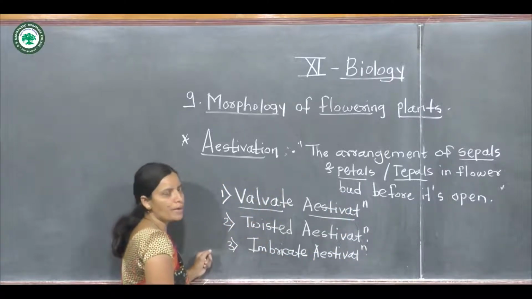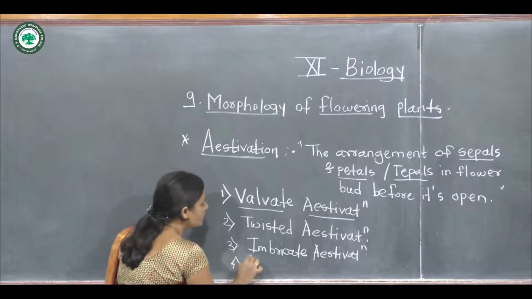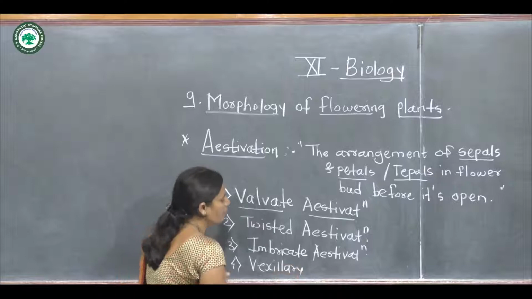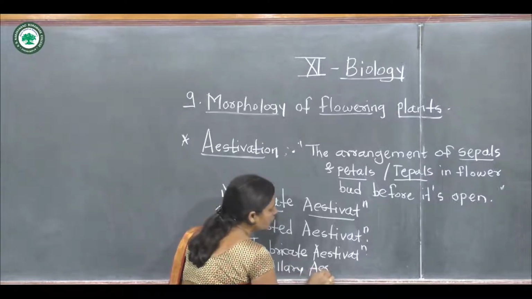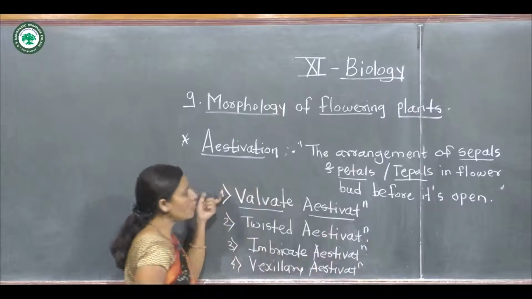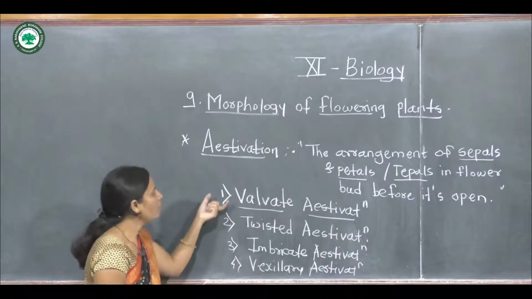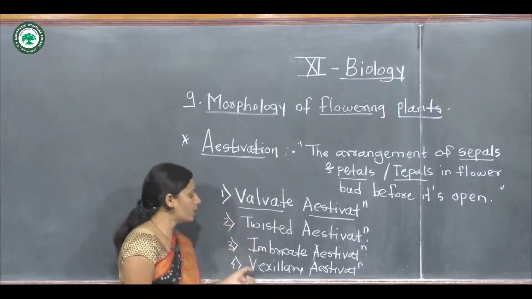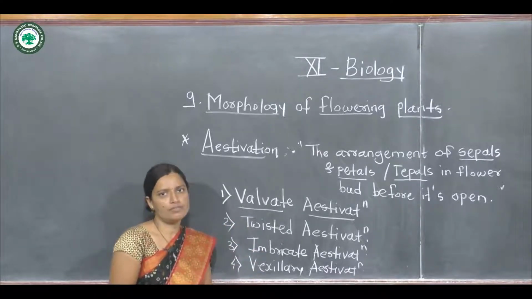And the fourth type is vexillary estivation. These are the four types of estivation: valvate, twisted, imbricate and vexillary.